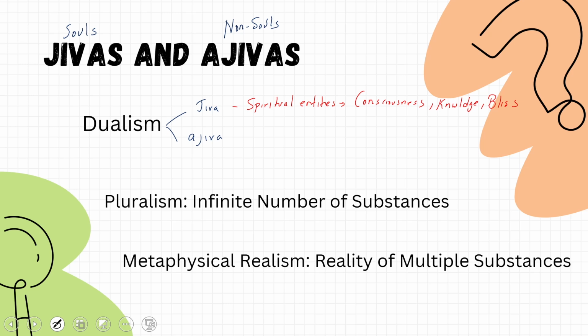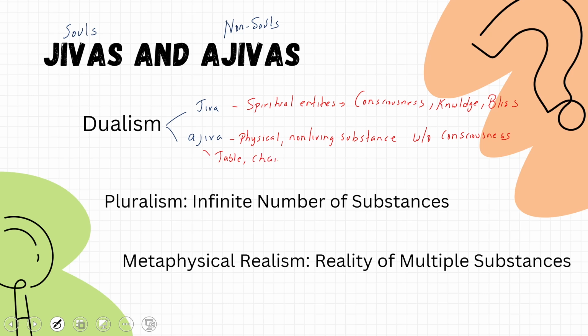Now ajiva basically would refer to the physical, non-living substance without consciousness. Okay, and what example can we give? Table, good.